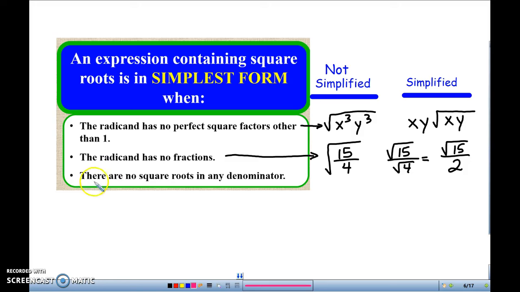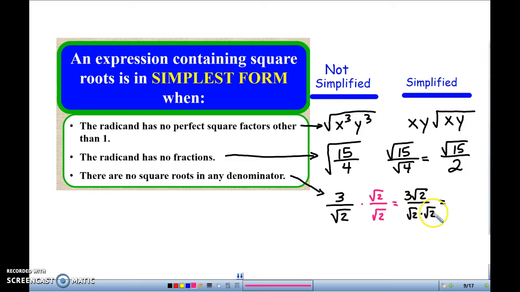The third bullet says there are no square roots in the denominator. We don't like square roots in the denominator. We have got to get that square root out of the denominator. So I'm going to multiply by a form of 1. The square root of 2 over square root of 2 is 1. When I multiply my numerators together and my denominators together, this is what I get.